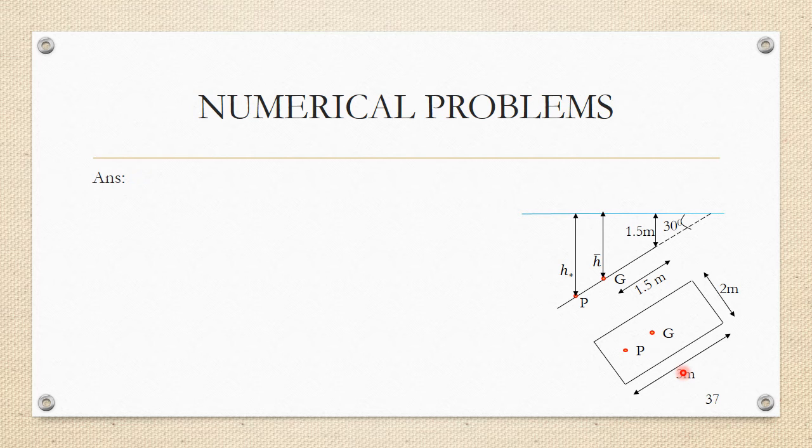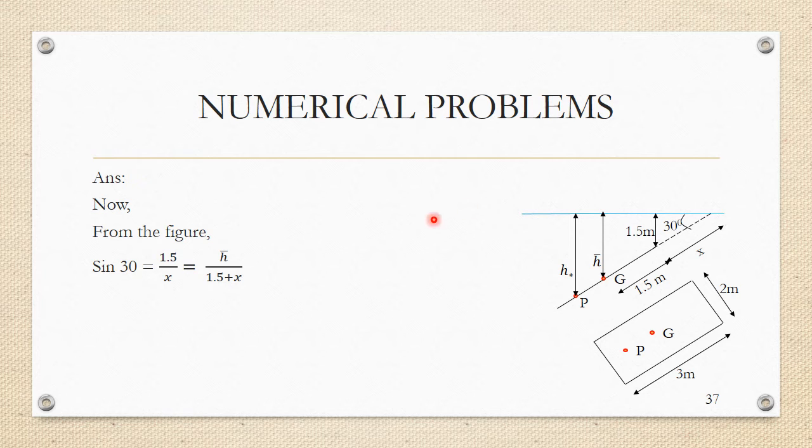Now in order to calculate h bar and h star, we can use the knowledge of simple trigonometry that we might have studied in our 10th standard, which was using sine theta and similar triangles and so on. So what I'm going to do here is mark this particular distance as x. This distance is unknown to me, and from the figure I can figure out that sine 30 is equal to 1.5 by x, which is equal to h bar divided by 1.5 plus x.